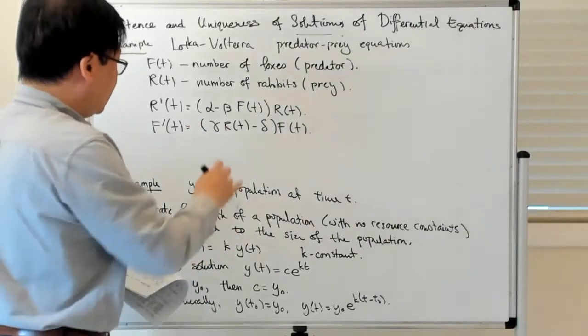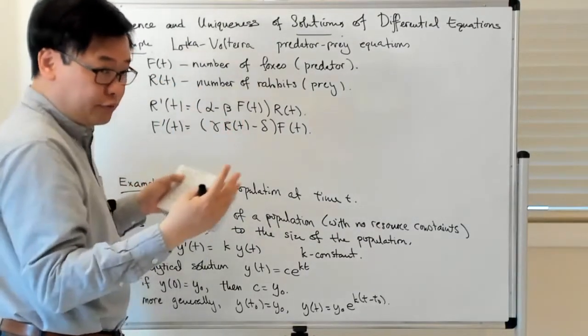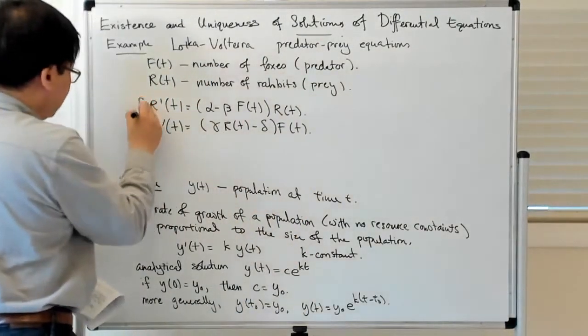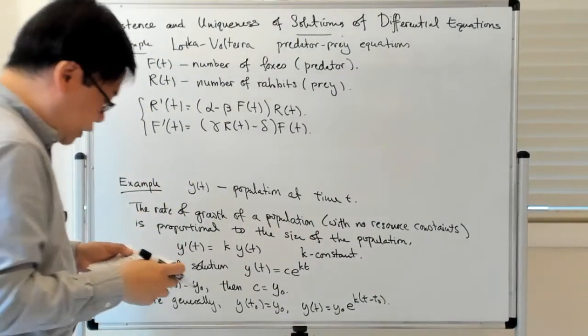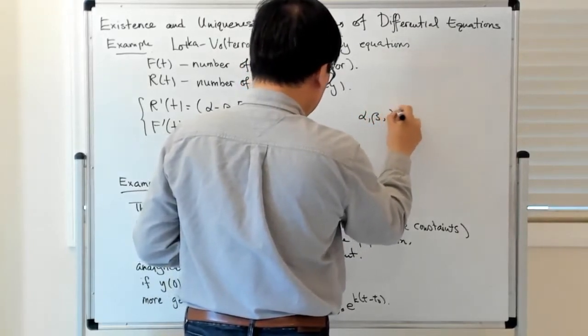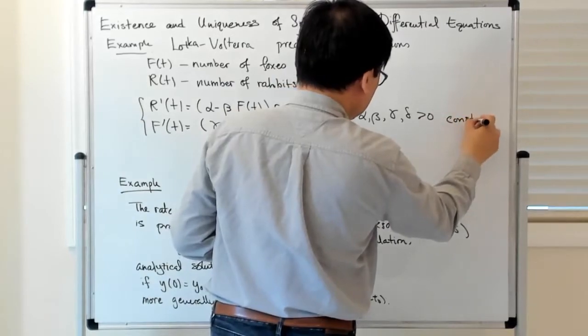In addition, if there are lots of rabbits, the growth can actually be faster. Anyway, that's an idealized model of this predator-prey relationship, and you have a bunch of constants, alpha, beta, gamma, and delta, which are all positive.